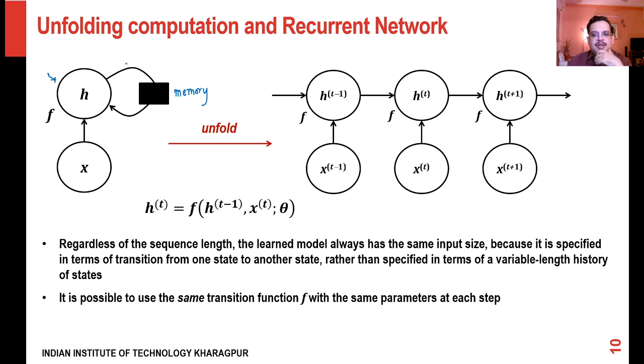This is feeding back into h in the next cycle. If I unfold this out, whatever is being stored here is fed back into the network in the next cycle. You can think of this as a register or something like that.